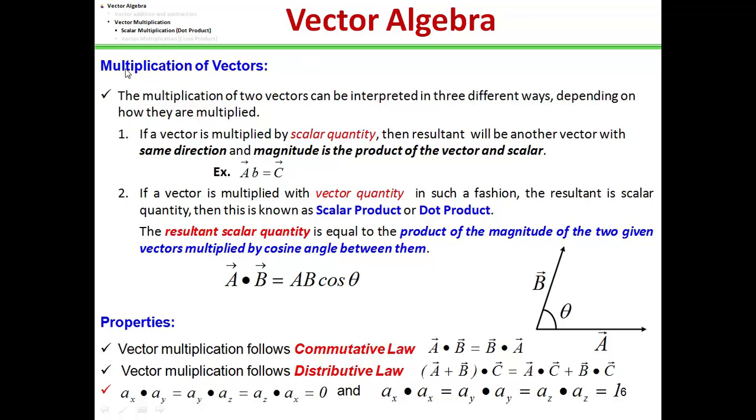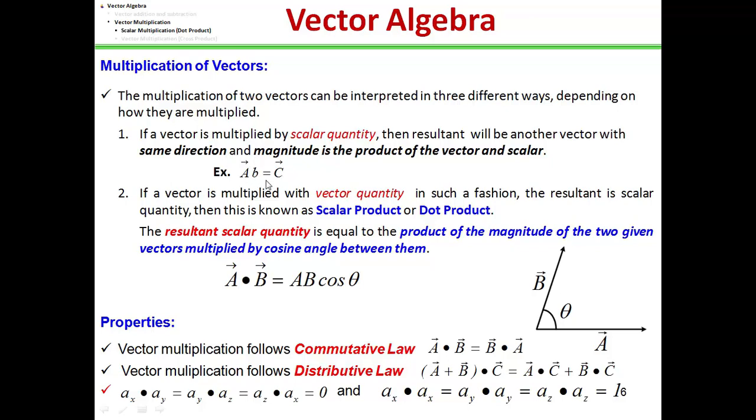The multiplication of two vectors can be interpreted in three different ways depending on how they are multiplied. The first case is the product of a vector and a scalar. Suppose a vector is multiplied by a scalar quantity, then the resultant will be another vector having the same direction, but its amplitude is the multiplication of the scalar and the vector amplitude.